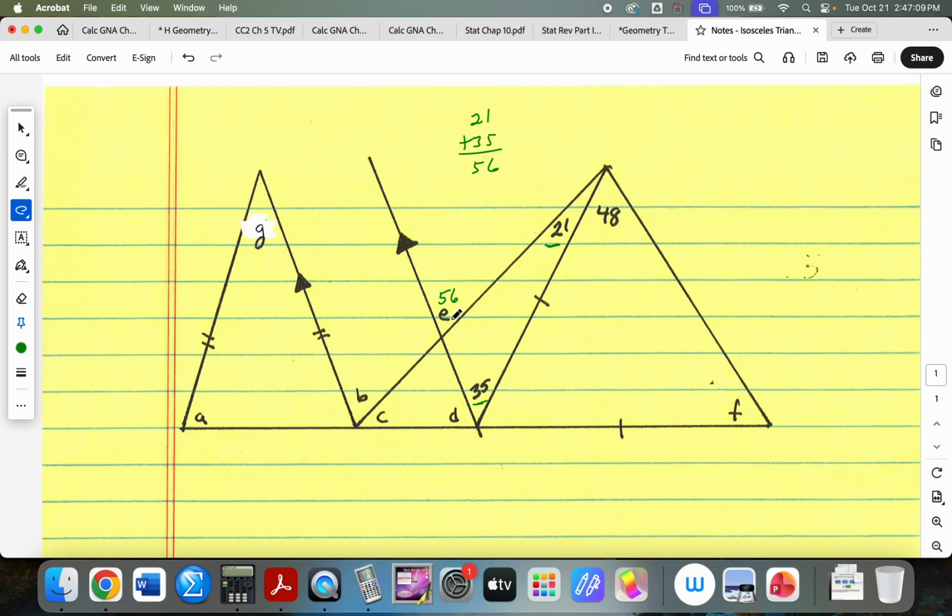Well, if that's 56, because these 2 lines are parallel, this is also 56. I could find this angle, that's 56. Those are vertical angles.